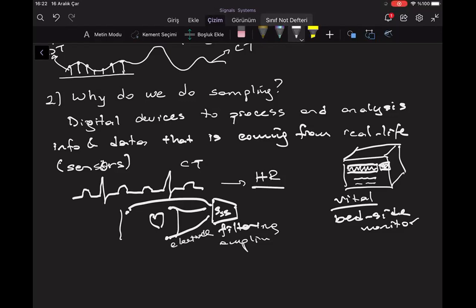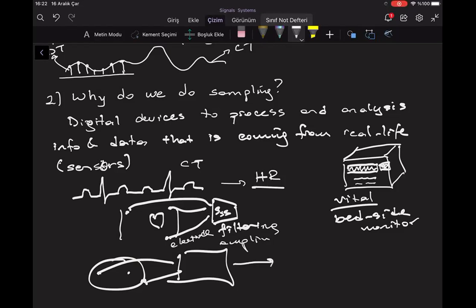Or similarly, we have the brain. We have electrodes here and one reference electrode here. We collect data from the brain. We have a system which includes filters, which includes amplifiers. Then I would like to send it to my computer and will be able to process on a computer, right?